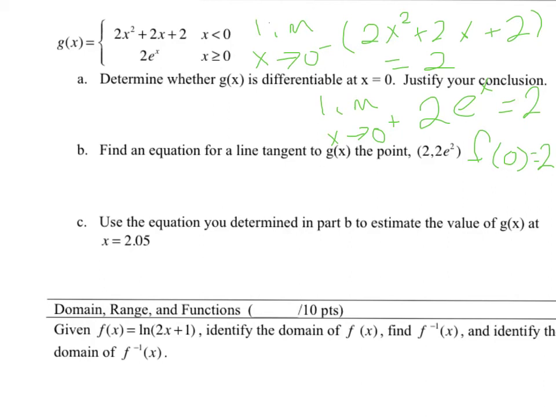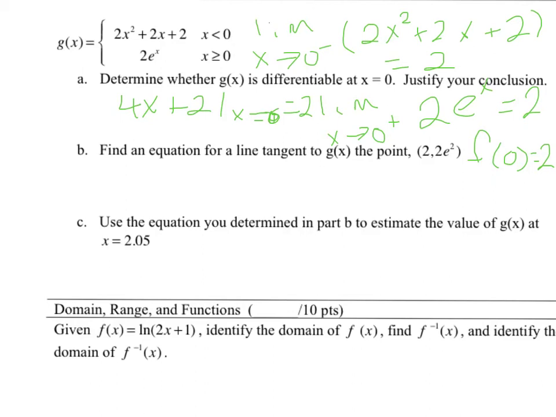Is that enough to show differentiability? No, I need the derivative from the left and the derivative from the right. The derivative from the left is going to be 4x plus 2 evaluated at 0. That's an awful 0. It's getting worse. That equals 2.